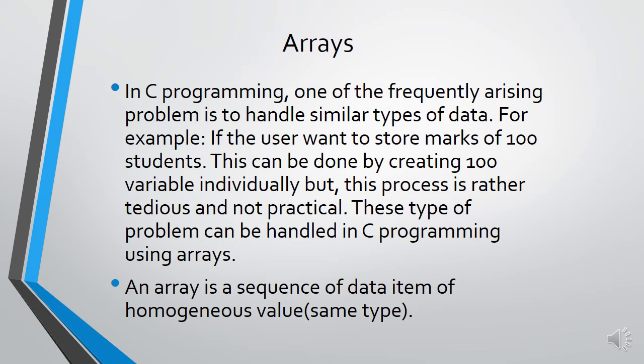Let us move on to arrays. Arrays in C programming are one of the frequently used as they handle similar data types. For example, if you want to store marks of 100 students, it would be difficult for you to create 100 variables to keep each and every student's mark.